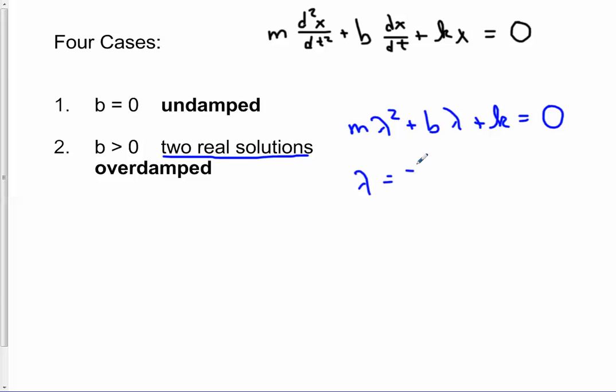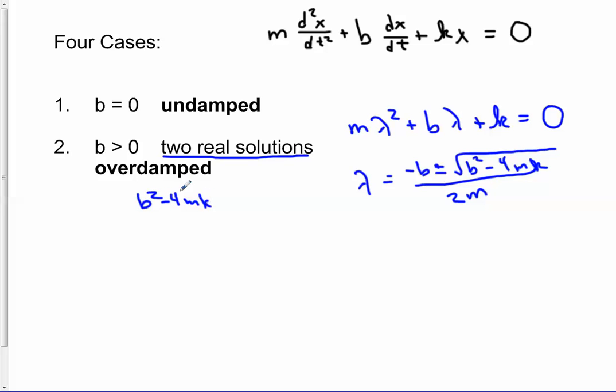Now remember that what that would mean is the thing in the square root would be coming out positive, b squared minus 4mk, and then it'd be all over 2m. So we're saying b squared minus 4mk would be greater than 0.